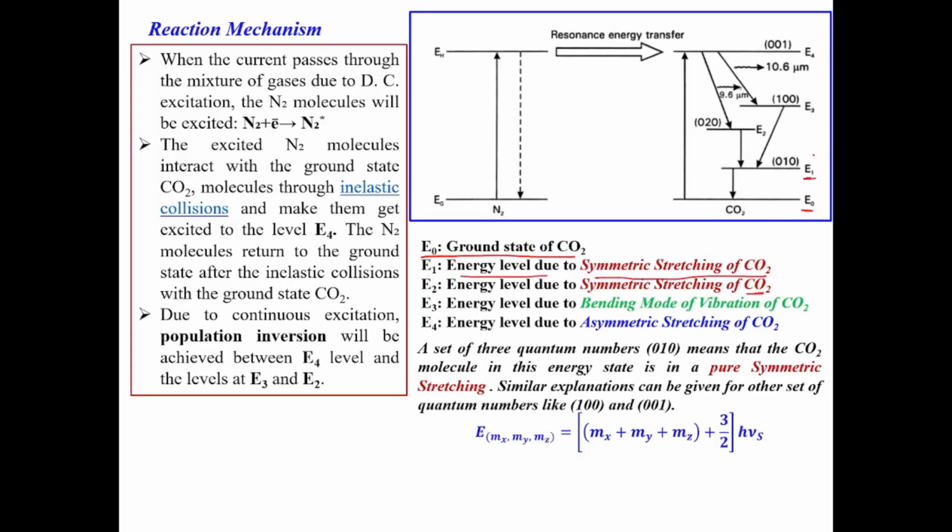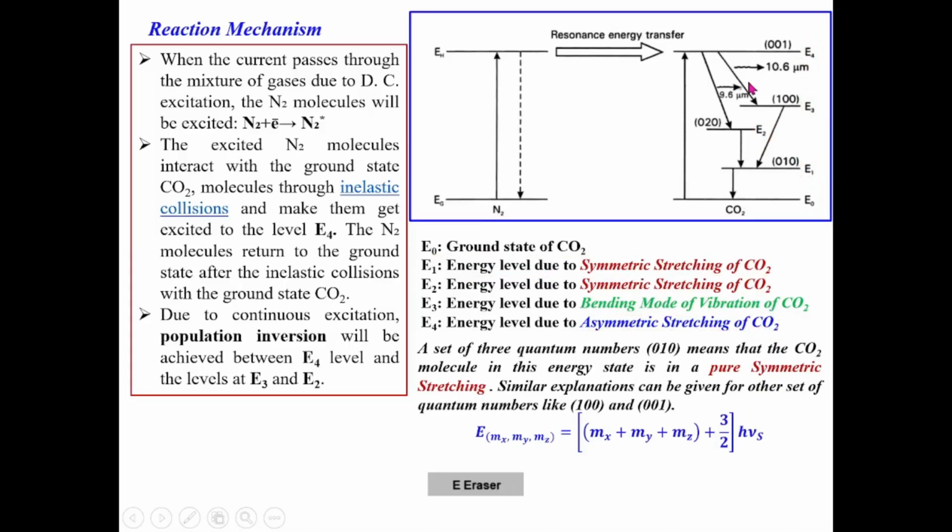E1 and E2 both represent levels due to the symmetric stretching of carbon dioxide. E3 represents the bending energy level due to the bending mode vibration of carbon dioxide. E4 represents the energy level due to the asymmetric stretching of carbon dioxide. So here, due to asymmetric stretching, the carbon dioxide will be excited to the higher energy level.